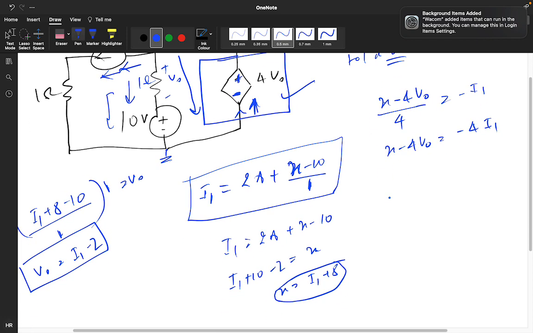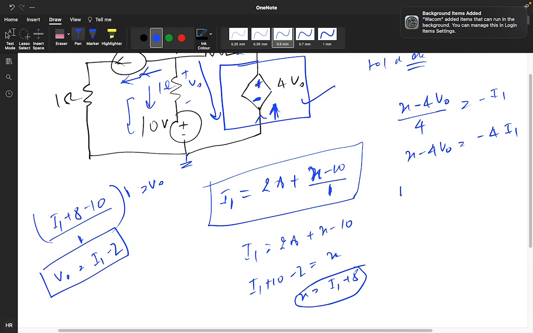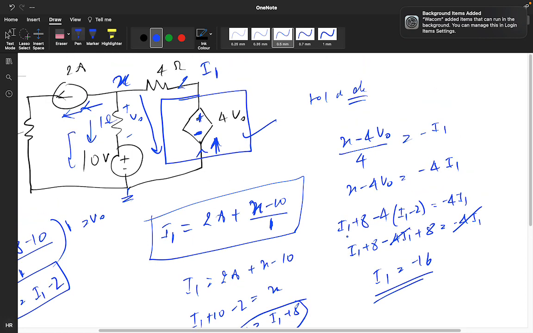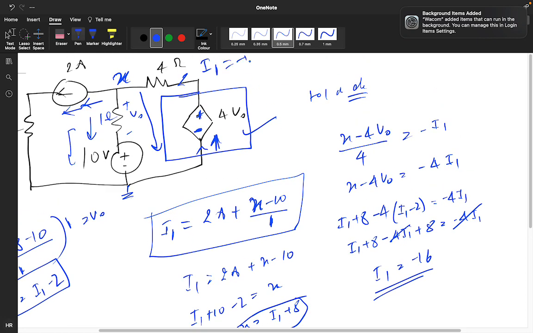Now put the value of x: x was I1 plus 8, minus 4 times V0, which is I1 minus 2, equals minus 4 I1. Solve this. You get I1 equals minus 16.